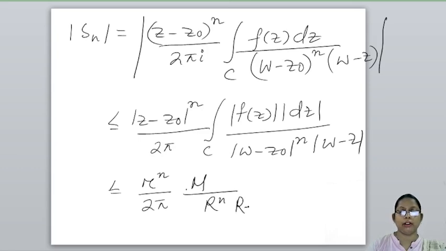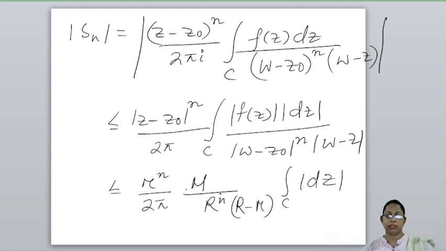The value of this one is R^n, the equation of the circle C, and this is R minus r. This is M, and this is the length of the arc dz.